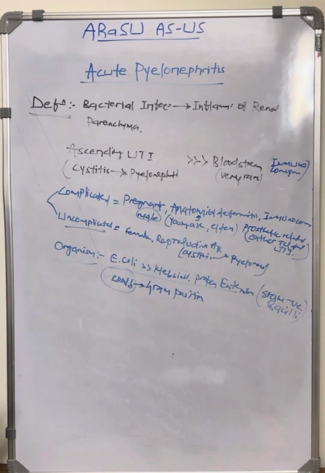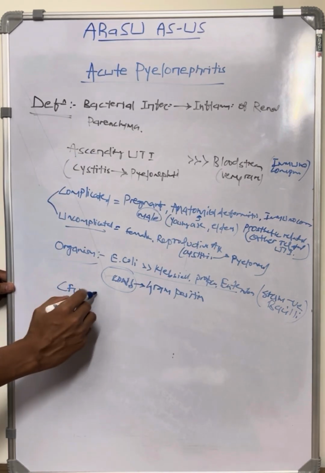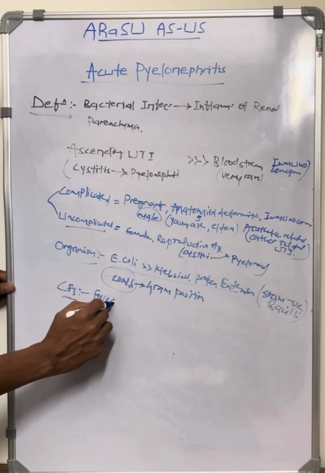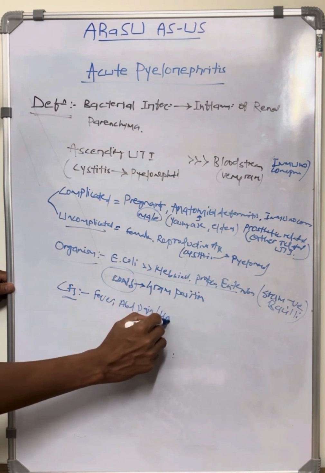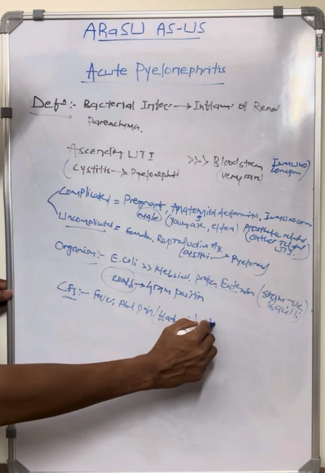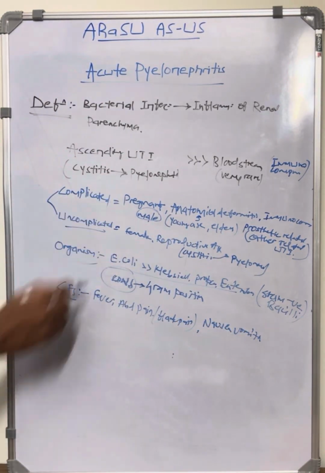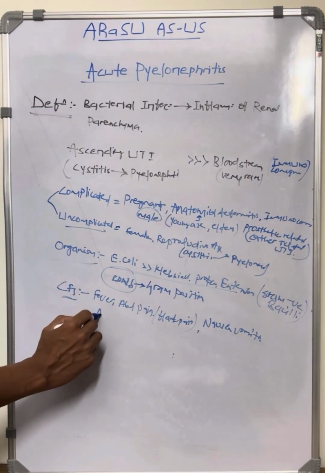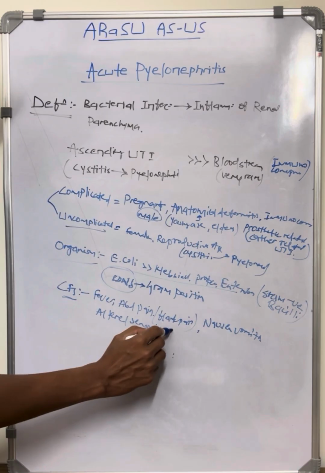And how do they present? The individuals who have developed pyelonephritis will present with fever, abdominal pain, especially flank pain. Then there might be associated nausea, vomiting. If the individual is elderly, they might also have altered sensorium, even septicemia.